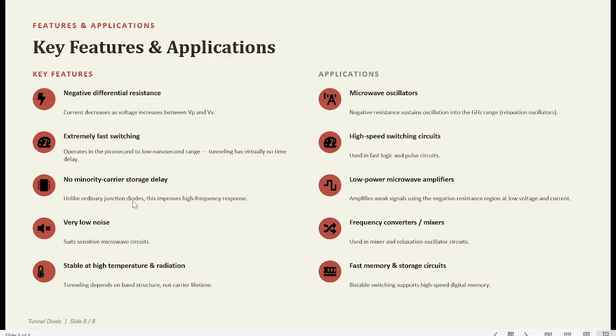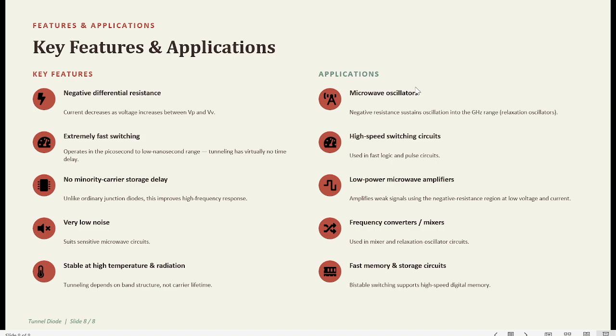And then, since there is no minority carrier storage delay involved, its high frequency response is quite good. Tunneling taking place at the speed of light, so noise level is also very small, and this device is also stable in its operation against temperature variations and the existence of radiation.